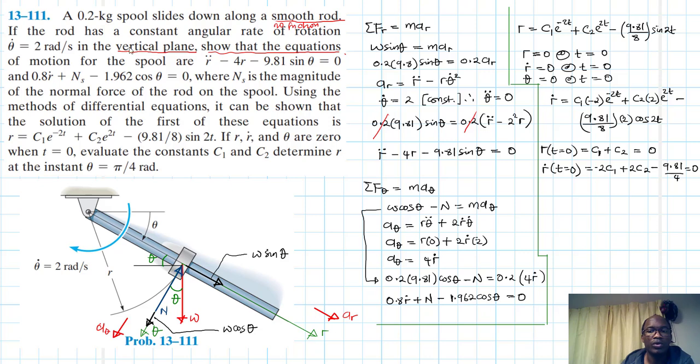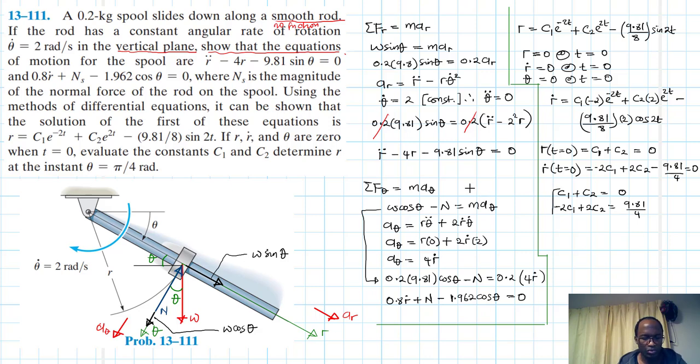So we are going to use a substitution method. Let's solve this. So we have C1 plus C2 equal to 0, and we have minus 2C1 plus 2C2 equal to 9.81 divided by 4.